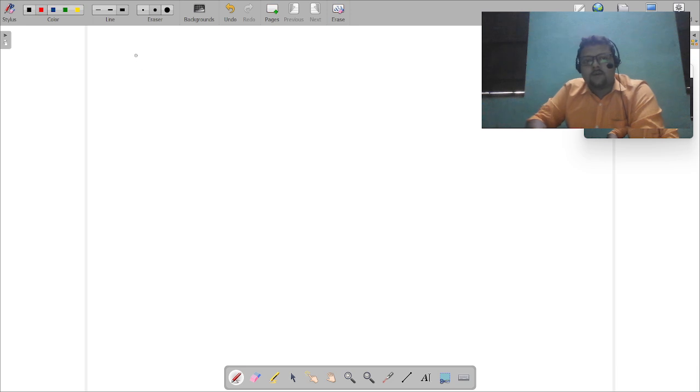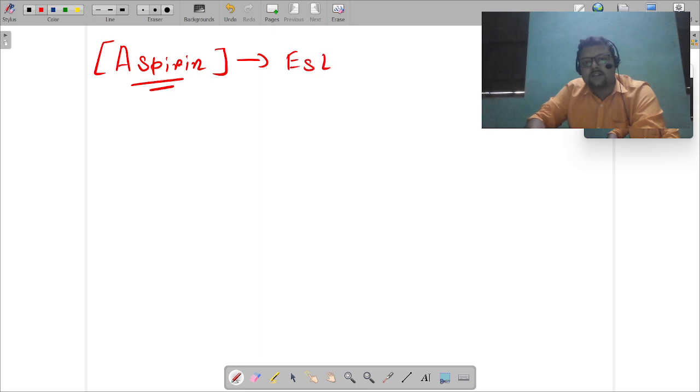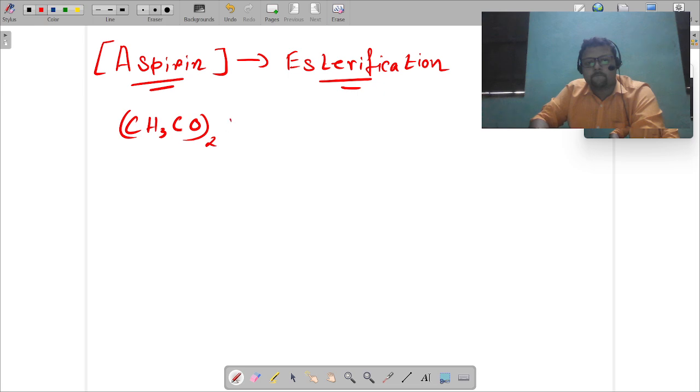I am sure you guys have heard about the molecule aspirin. Now this molecule aspirin is produced by using this esterification reaction. But for that esterification reaction we do not take a carboxylic acid, rather we will take an acid anhydride, and with that we react salicylic acid, which looks like this.